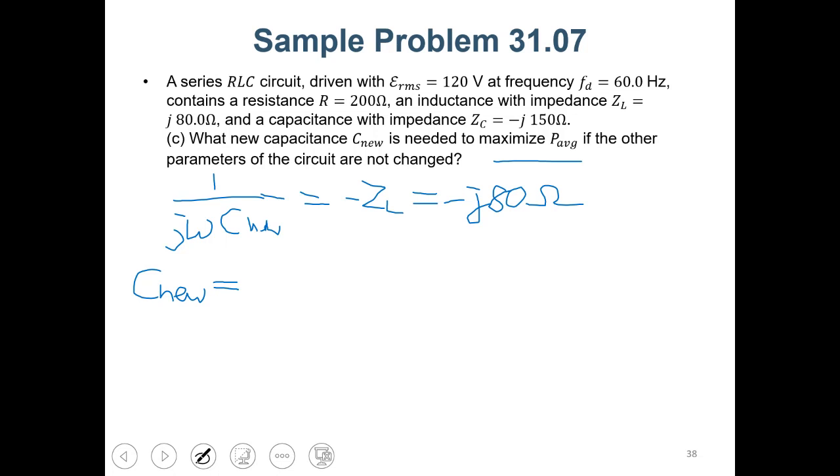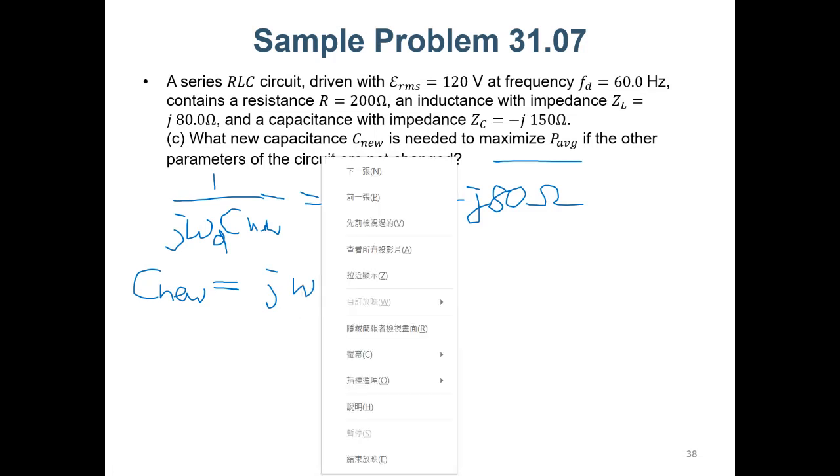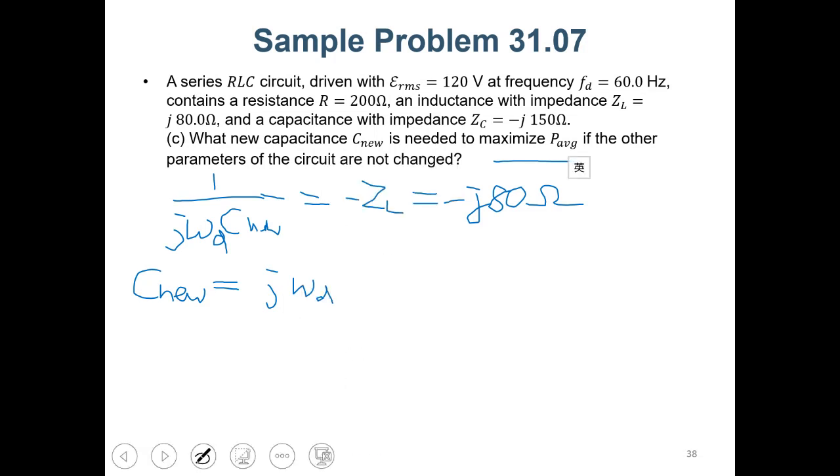So C_new is j omega_d... Oh, not this. No, not this way.